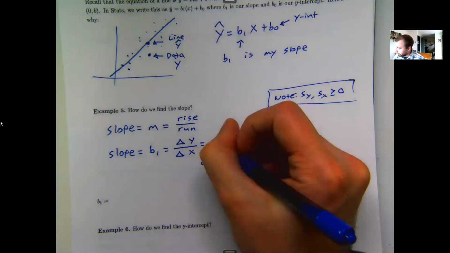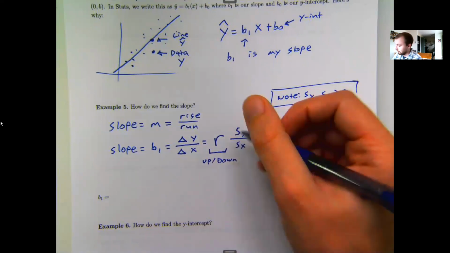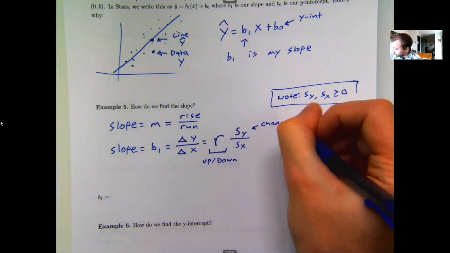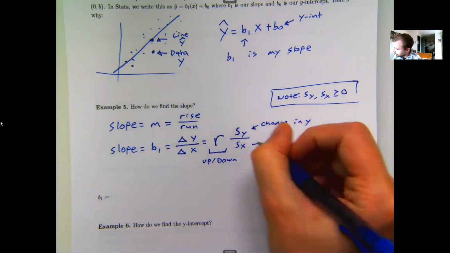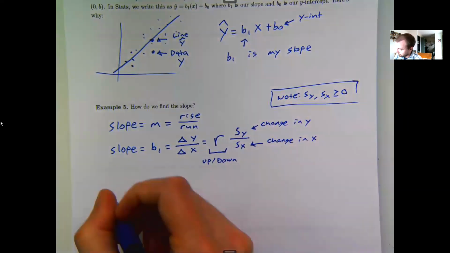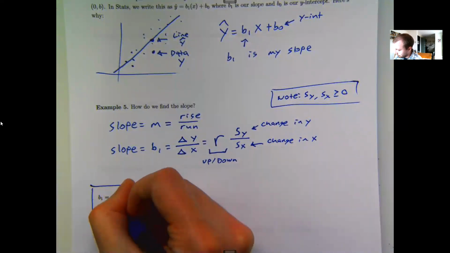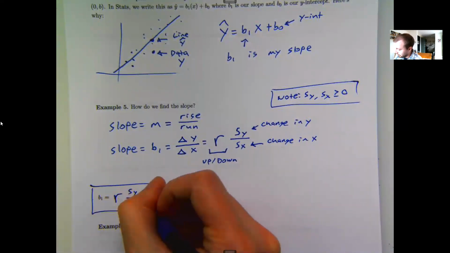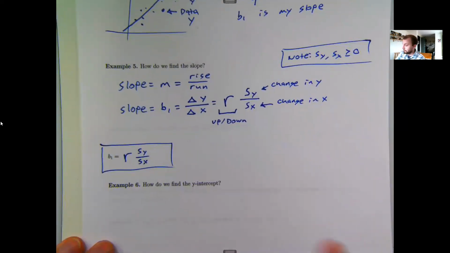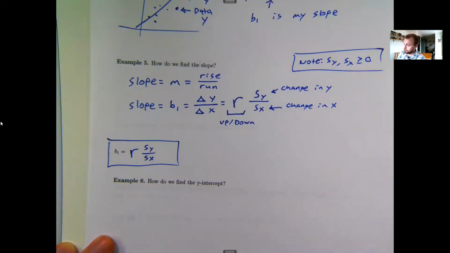So my equation for slope is going to be r. This is a toggle switch. It just tells me increasing or decreasing. Standard deviation of y, this is the change in my y values, over standard deviation of x. This is the change in my x values. So I'm going to write down this equation, and we're going to use this in a second. But slope is r times standard deviation of y over standard deviation of x. Rise over run times r to tell us if it's going up or if it's going down.